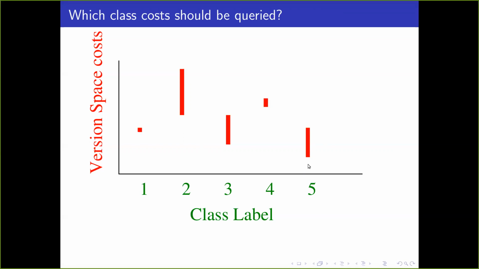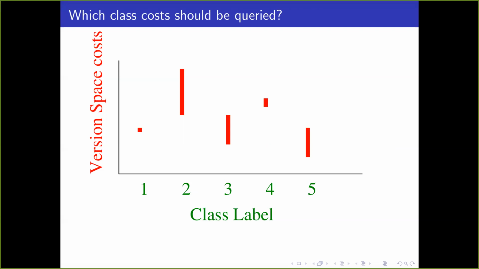So let me describe what uncertainty means here a little bit more carefully. I don't mean uncertainty in a Bayesian posterior sense or something like that. What I mean is you have a set of predictors of the cost for each label. And as you get more and more information, you will throw away some of these predictors because you'll prove that they're wrong. Then you have a set of surviving predictors at any individual round.